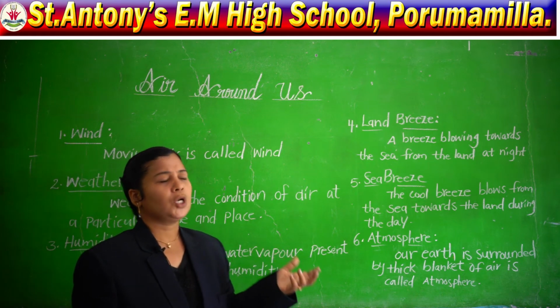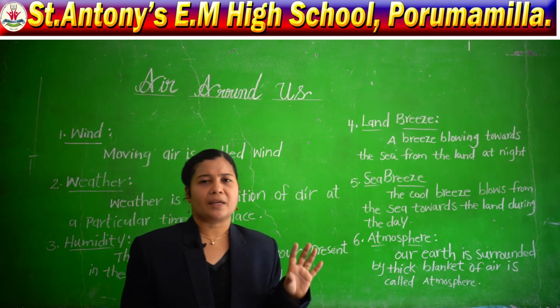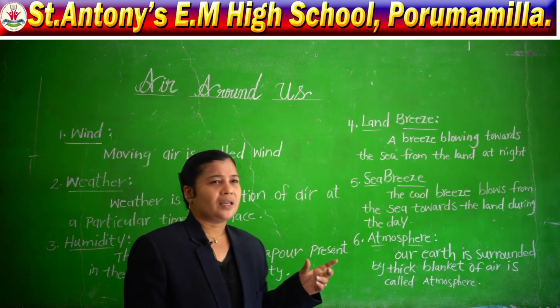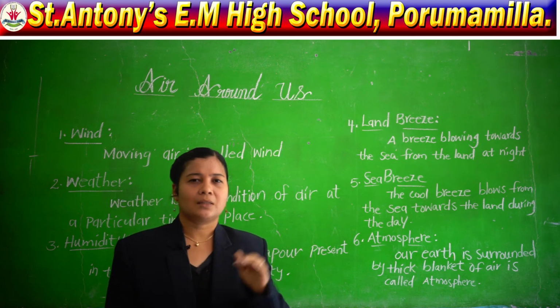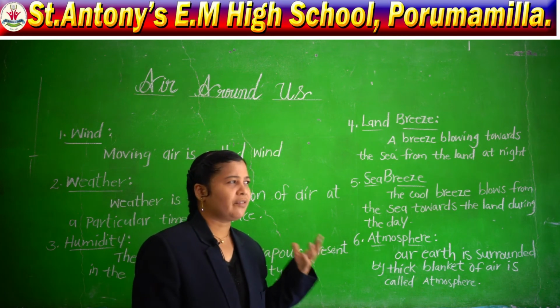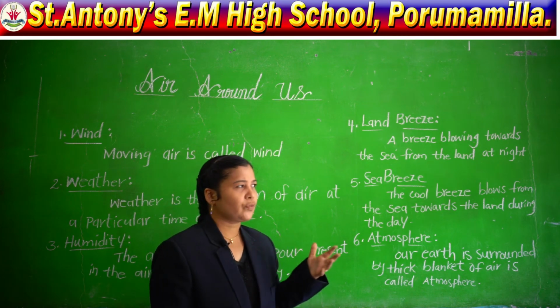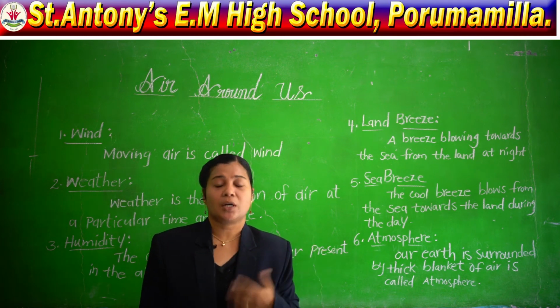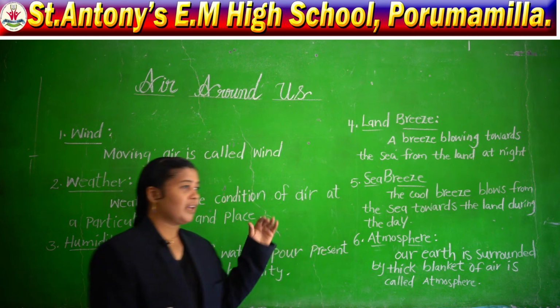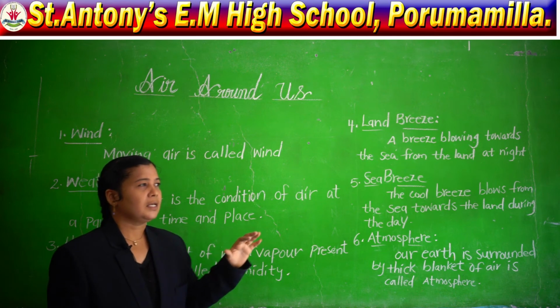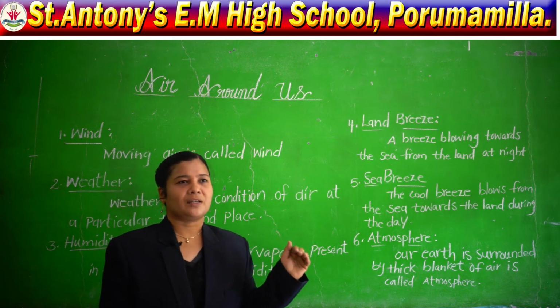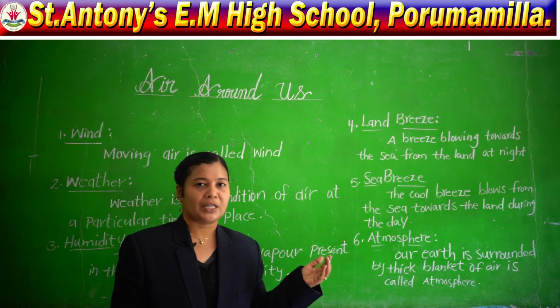For example, today we have a very sunny day. On a sunny day the water vapor level is less, so we feel very hot. But suppose the weather is cool, with some rain falling that day.